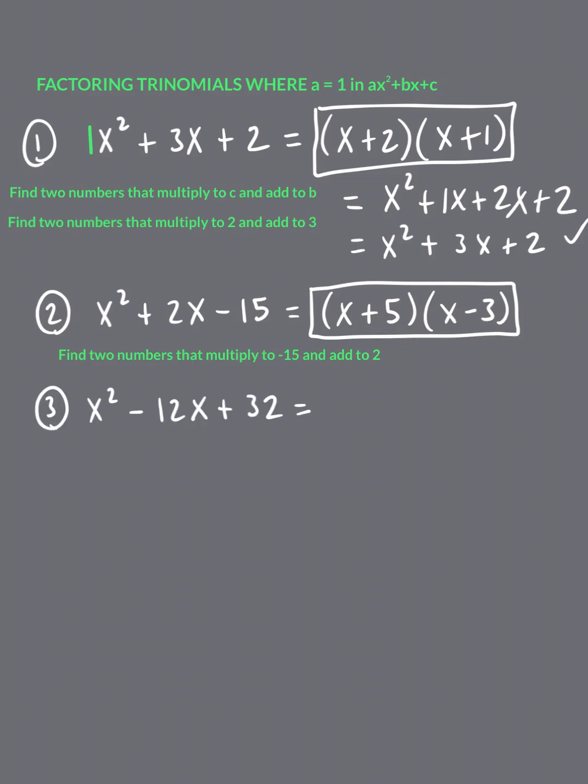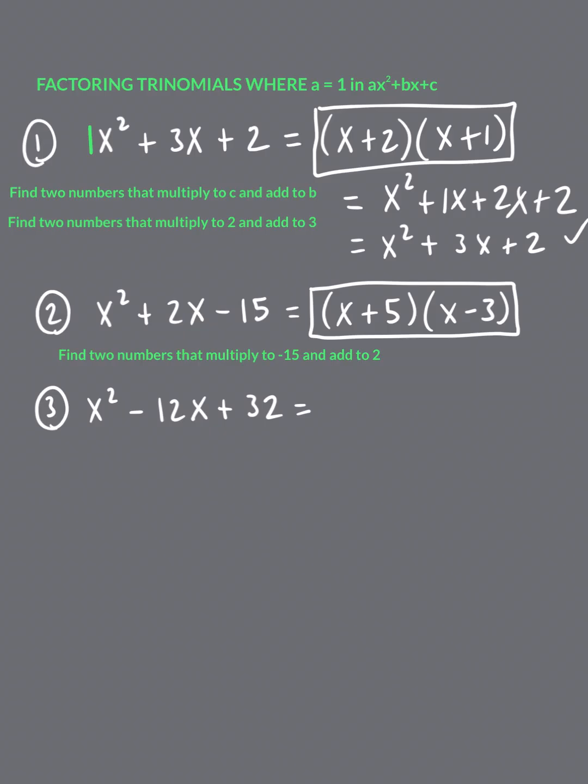Here's our next example, x squared minus 12x plus 32. So we're finding two numbers that multiply to a positive 32 but add to a negative 12. So both of those numbers will need to be negative then, because a negative times a negative is a positive, and a negative plus a negative will be this negative.